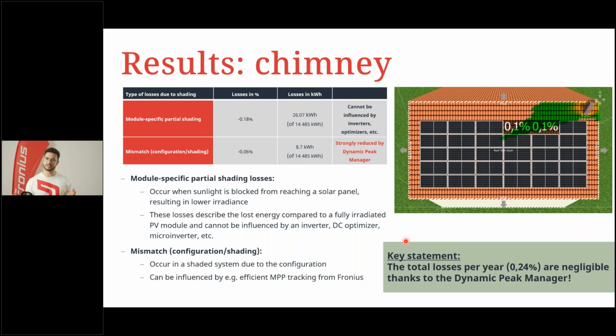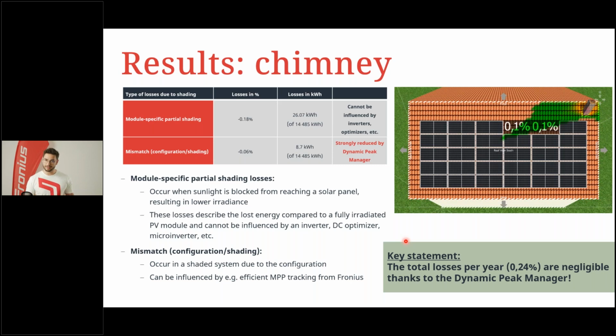It's not that big. And the second losses that we have are the mismatching losses that happen due to the configuration. They happen because we have a configuration like a serial connection of modules, right? And like Leo mentioned beforehand, if one module is shaded, it could affect the other ones at least a little bit, because of mismatching losses in the voltage leveling of the inverter.